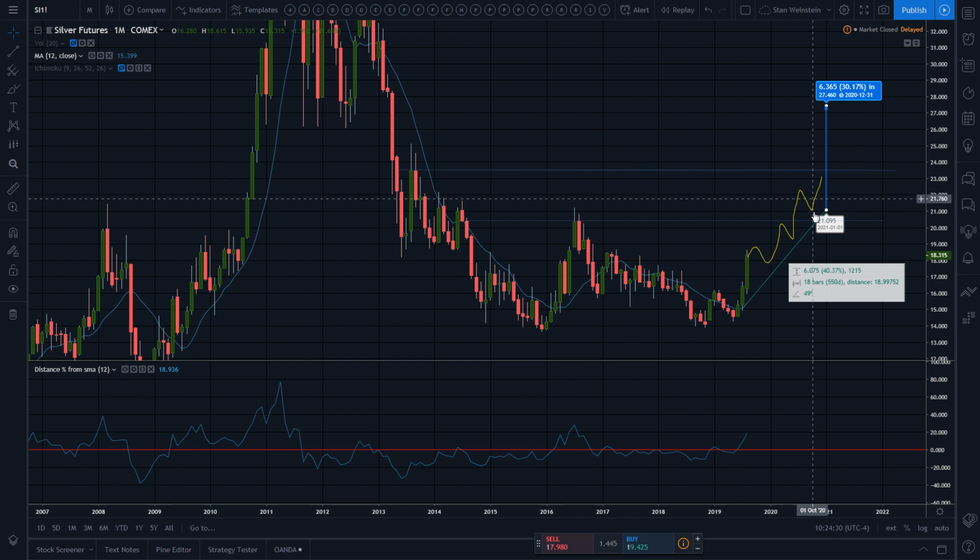So there are ranges for how fast you'll reach those, where your strike price is going to be close to the expiry date of your calls, and where it could possibly be as a function of the distance from the 12-month moving average.